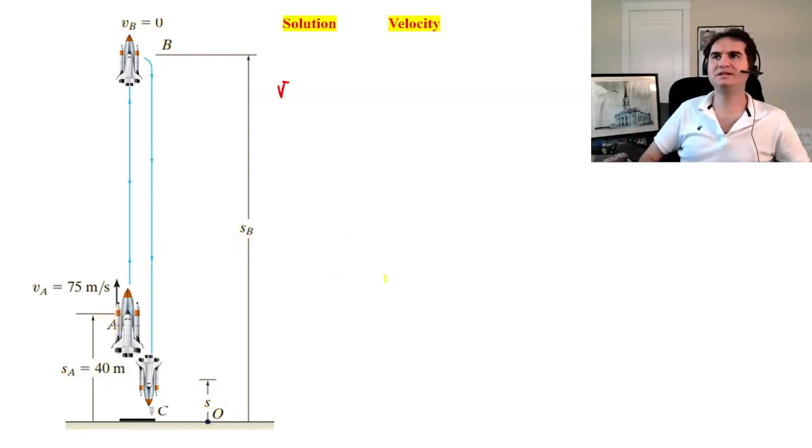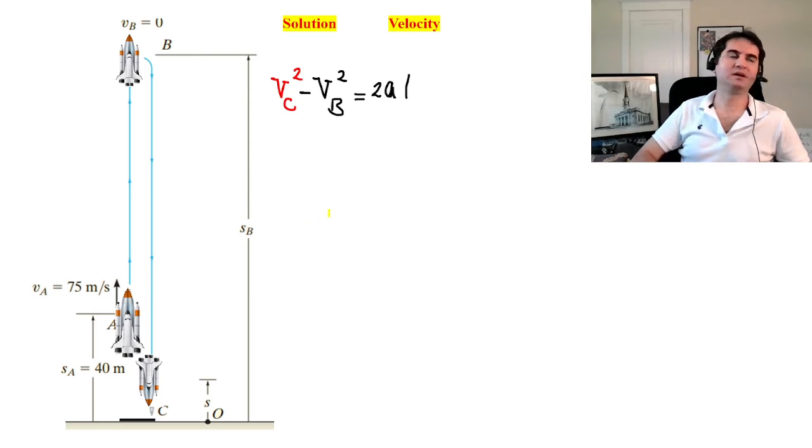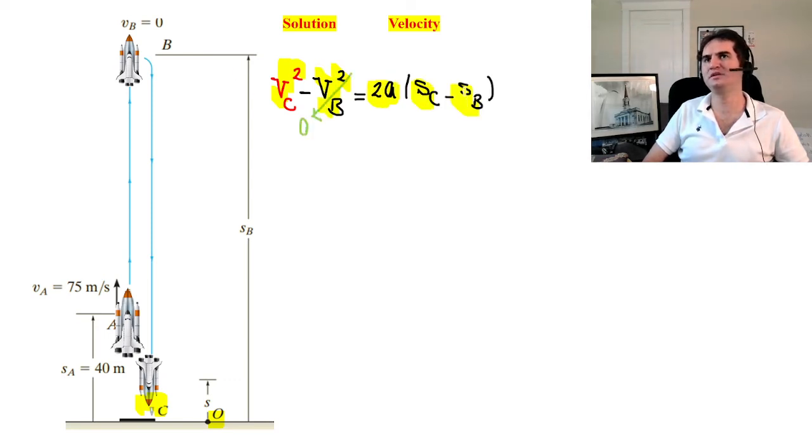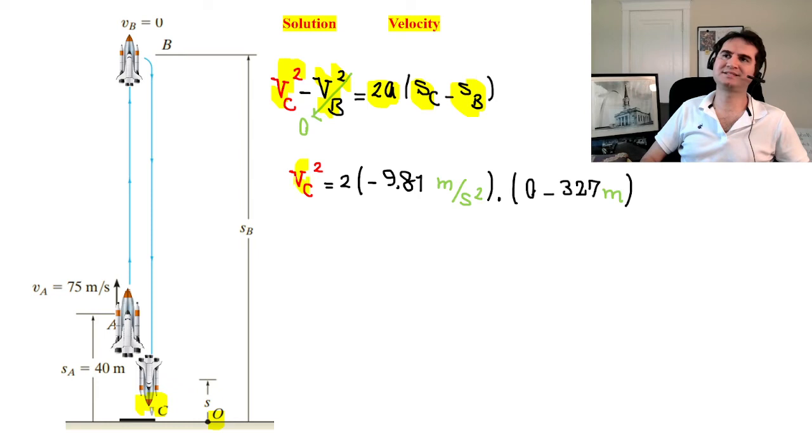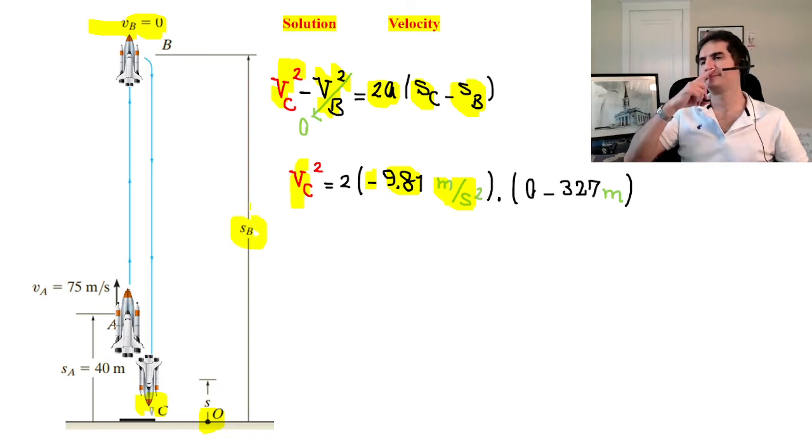Then for the velocity just before hitting the ground, it's v_C squared minus v_B squared equal to 2a, using the same formula, this time between B and C. It gives you v_C squared, because v_B is again 0, is equal to negative 9.81 meters per second squared times 0 minus 327, which is s_B.